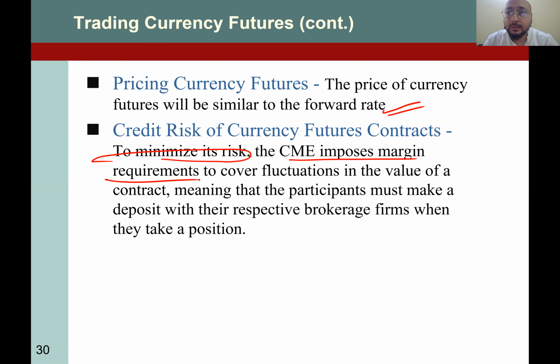Maybe the other party will not honor the contract. So in that case, the CME imposes a margin requirement. If you are new, your margin requirement will be higher. If you have a history, they look at your past activity and decrease the margin requirement. So credit risk in futures is less than credit risk in forward.